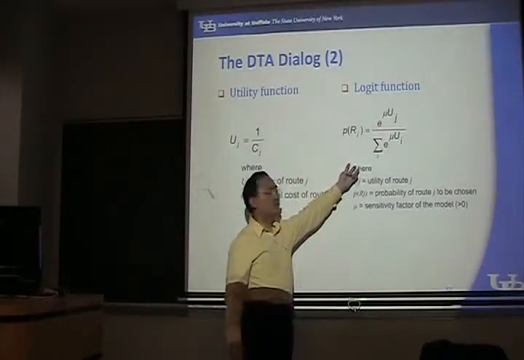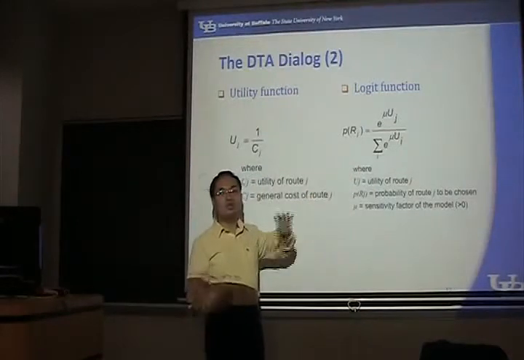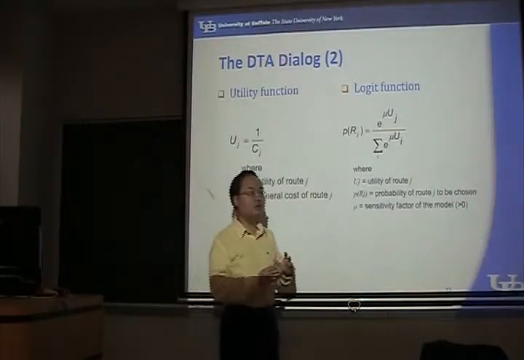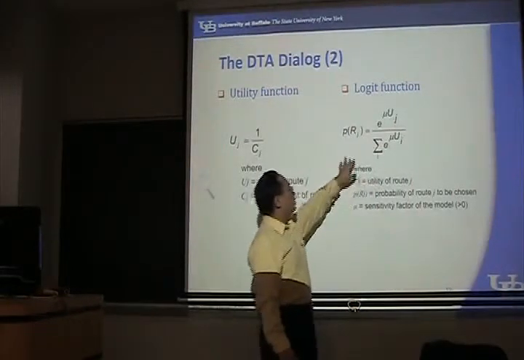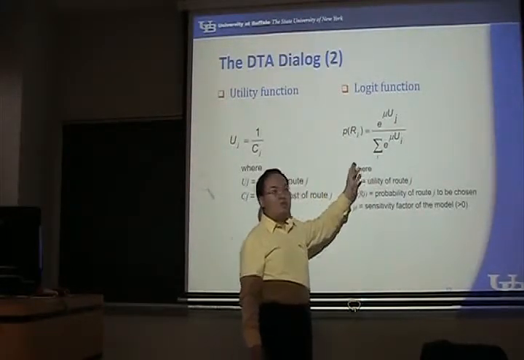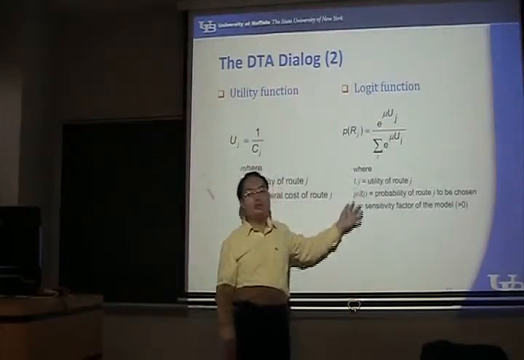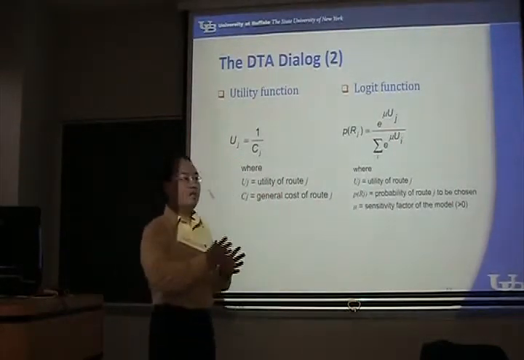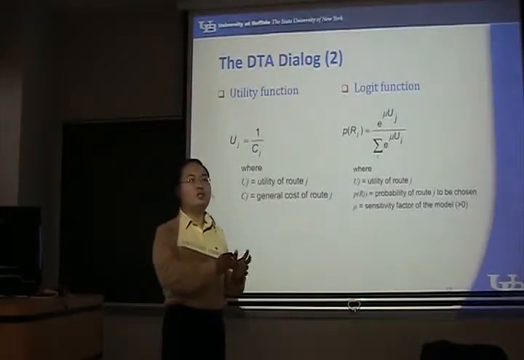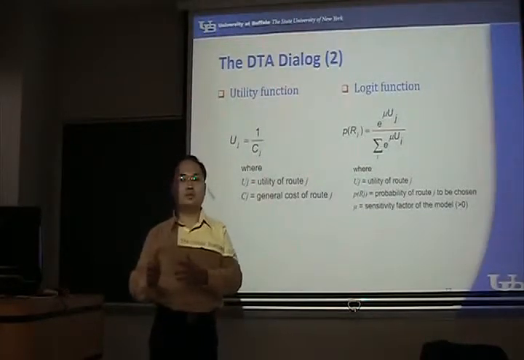But this has a disadvantage in route choice, so that's why they didn't use it. The reason behind that is, by using this discrete choice modeling, this logit model, there will be no difference between 5 and 10 and 105 and 110.